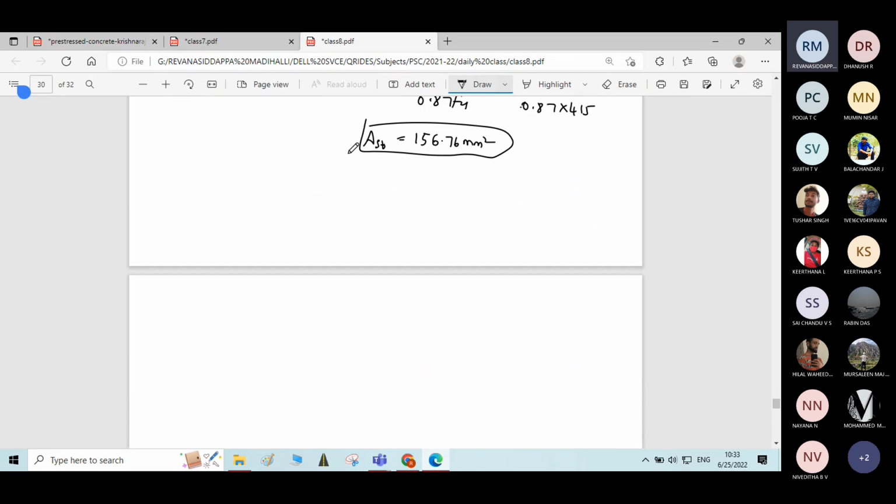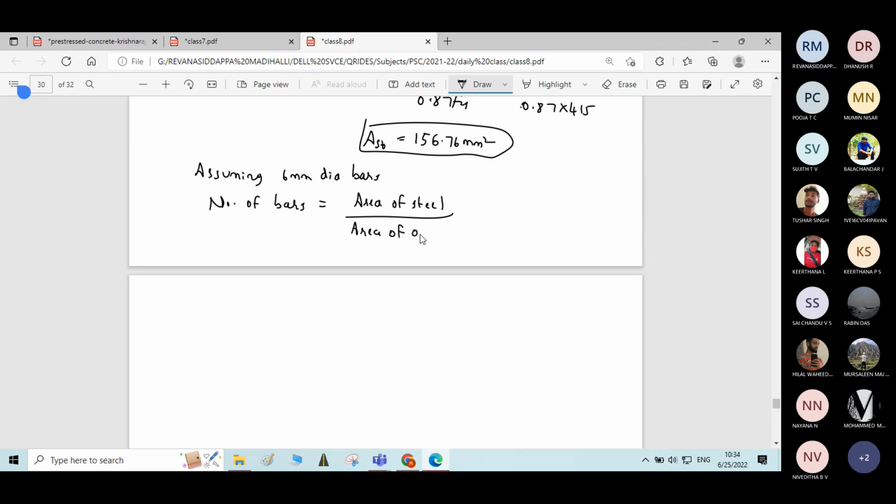Therefore, we will assume some lesser diameter of bars. Assuming 6 mm dia bars, the number of bars will be equal to total area of steel divided by area of 1 bar.